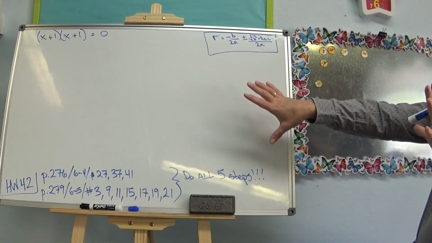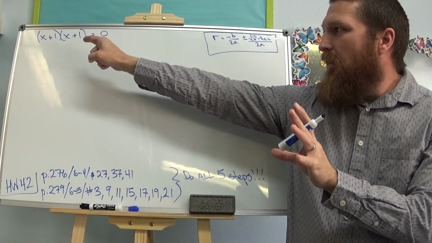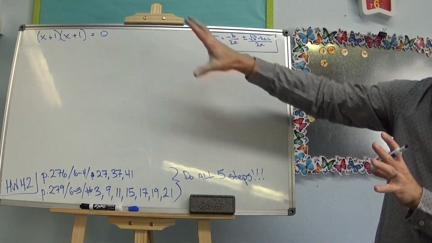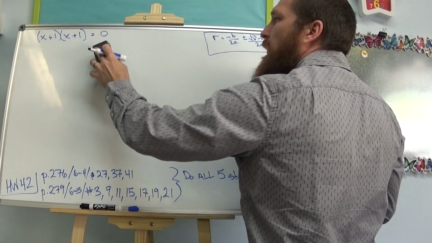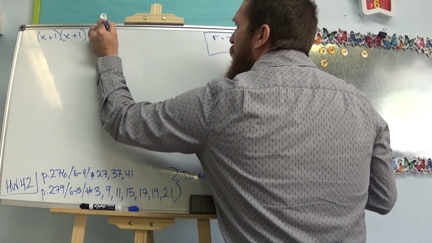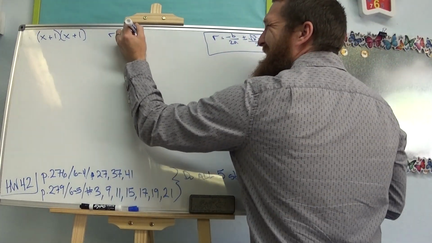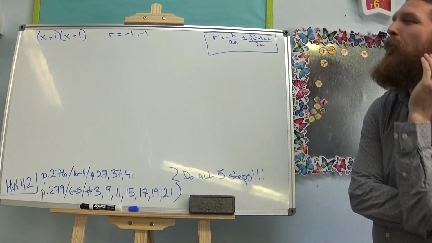When you plug in an x, you get out a 0. That's the special x we're looking for. And what are the roots here? -1. It's -1 and -1. It's the same one. We call that a repeated root.